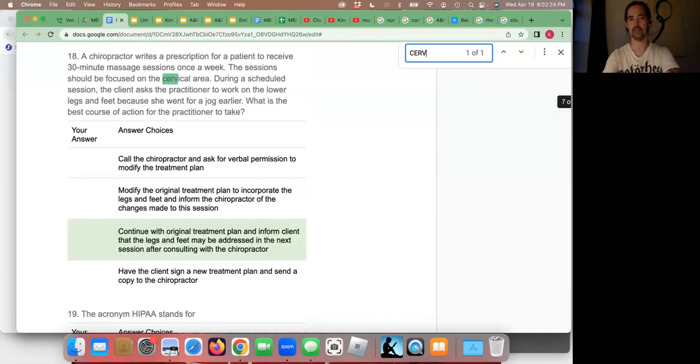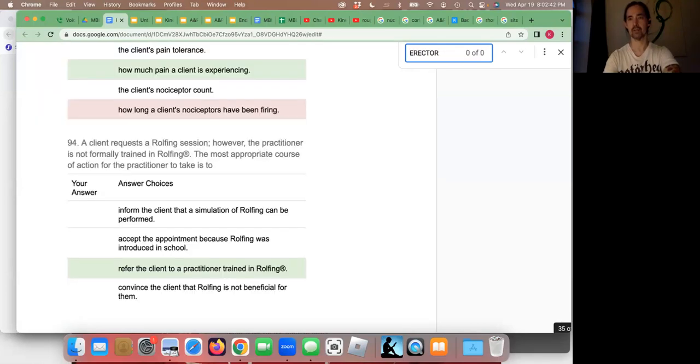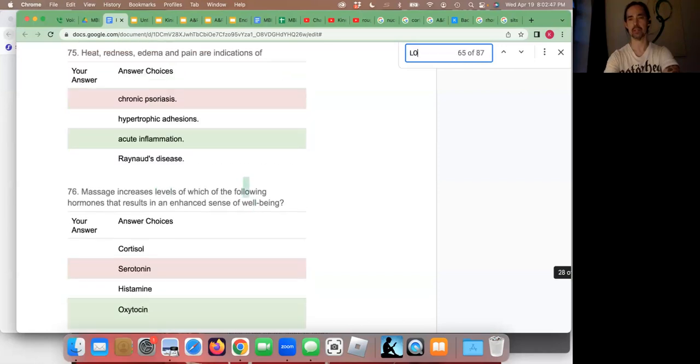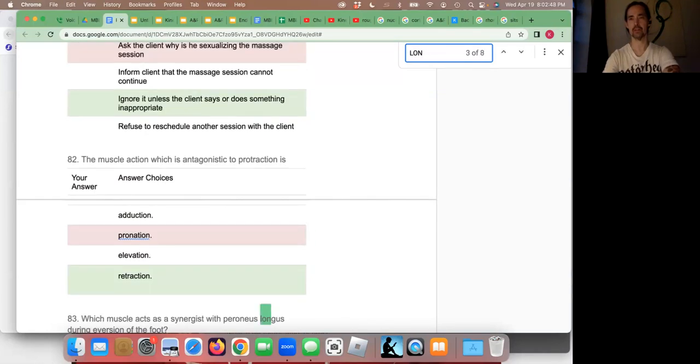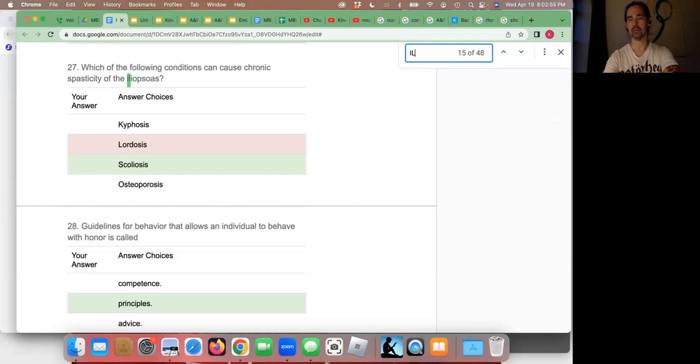Cervicis, no. How about thoracis? Thoracis, no. Okay, what about erector? No question directly about the erectors. How about longissimus? No longissimus. What about iliocostalis? No iliocostalis.